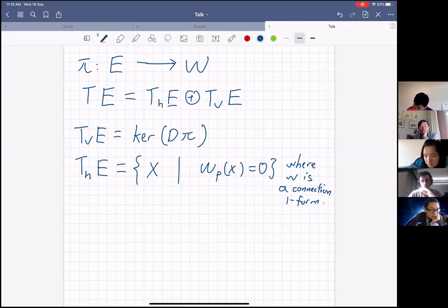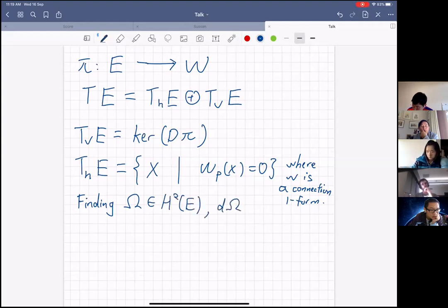Oh, yeah. In the paper, they have some condition on finding a two form on this E, and then d omega is the other way around. Sorry. Okay, so maybe there is a canonical one.